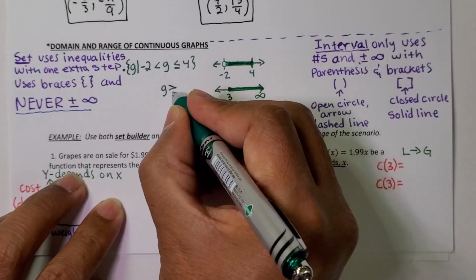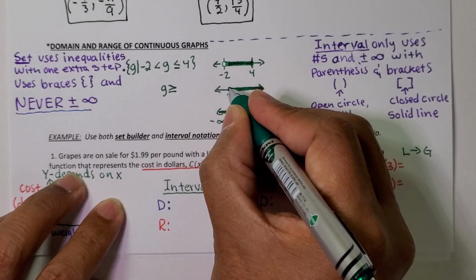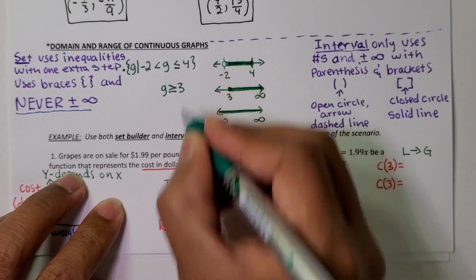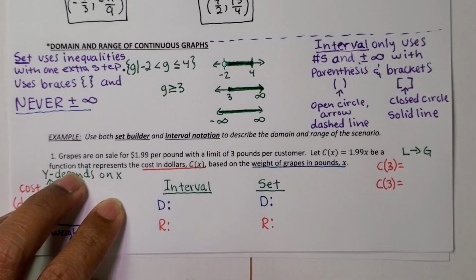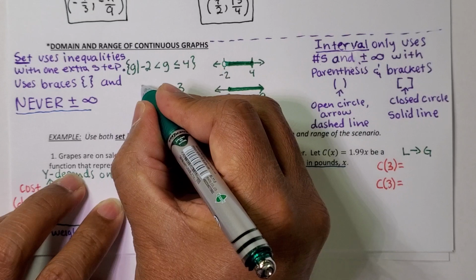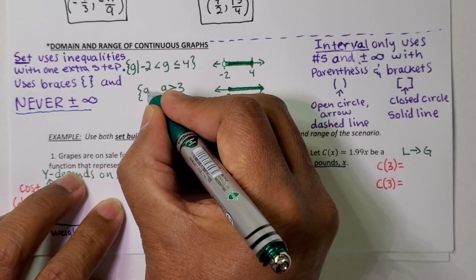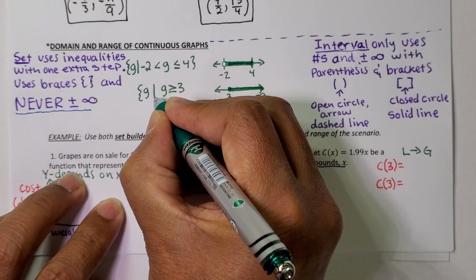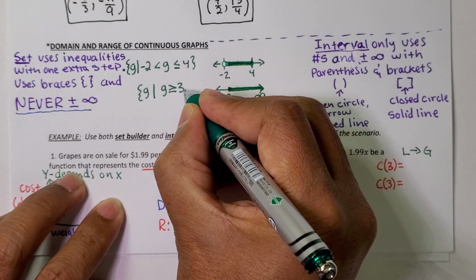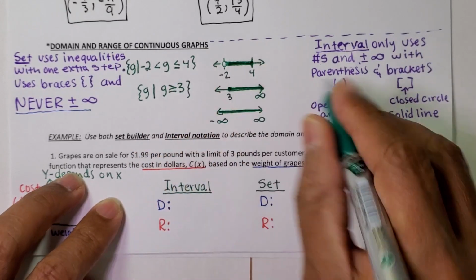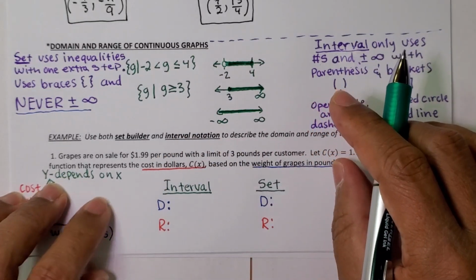So greater than or equal to, because it's a closed circle, 3. Now here comes the new part again. I'm going to use that brace, and then I'm going to state the variable that I'm using, G, such that G is greater than or equal to 3, and then close the braces here.